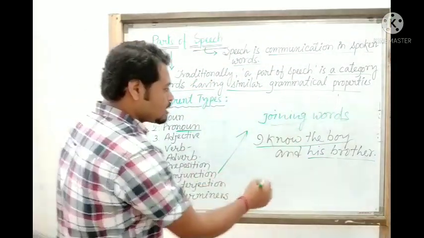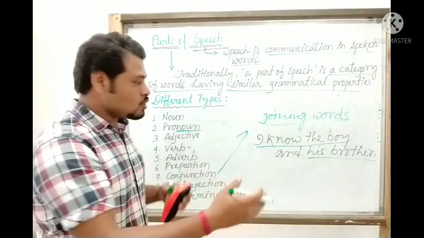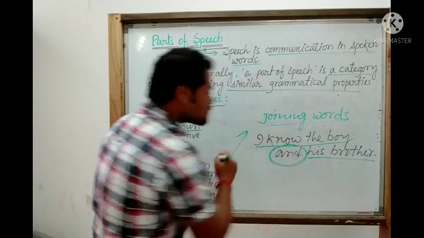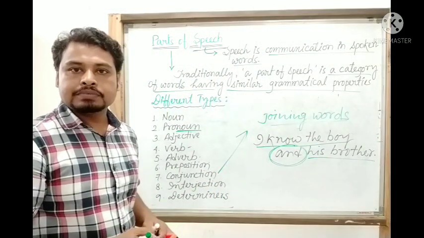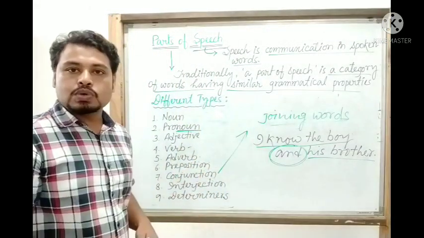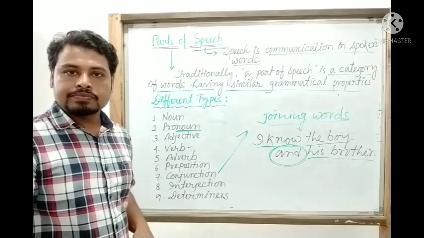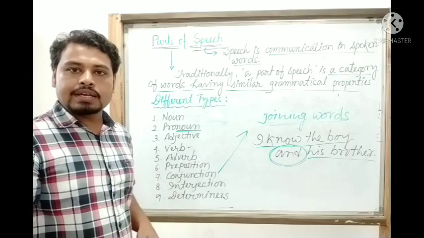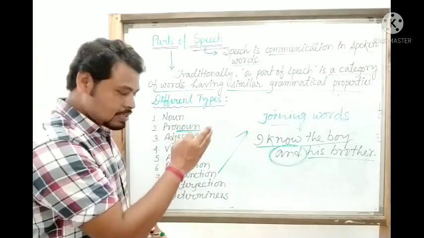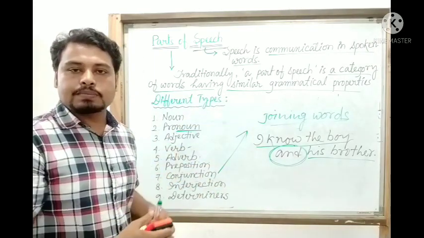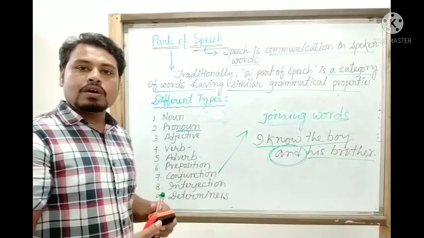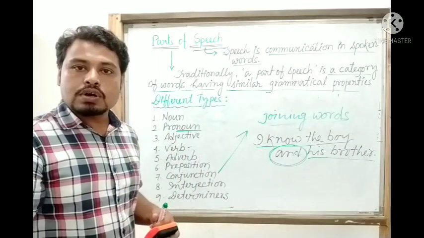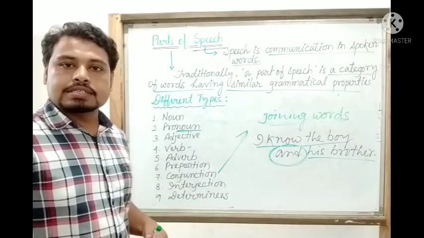So these two particular parts of the bigger sentence are joined by this particular word. Hence, this word is known as a conjunction. So a conjunction is a joining word that is used to join two parts of a sentence. It may be two phrases also, two clauses definitely, maybe two other words also. So this is a conjunction.